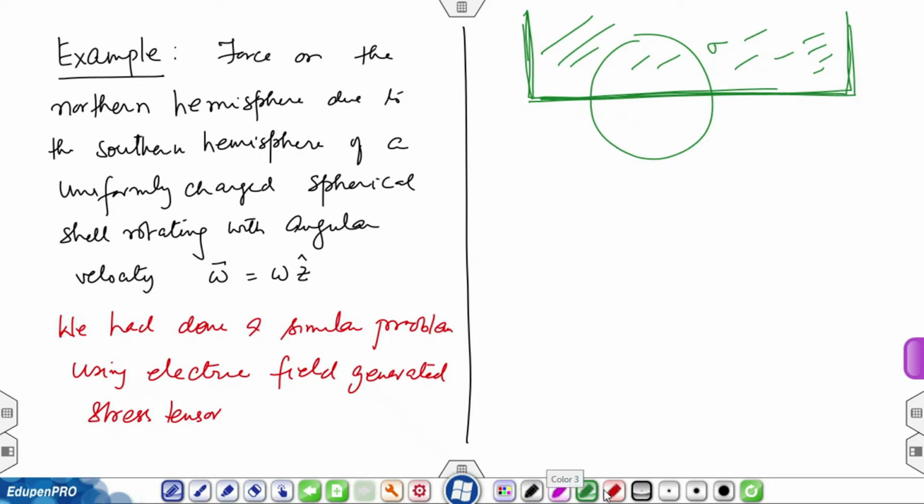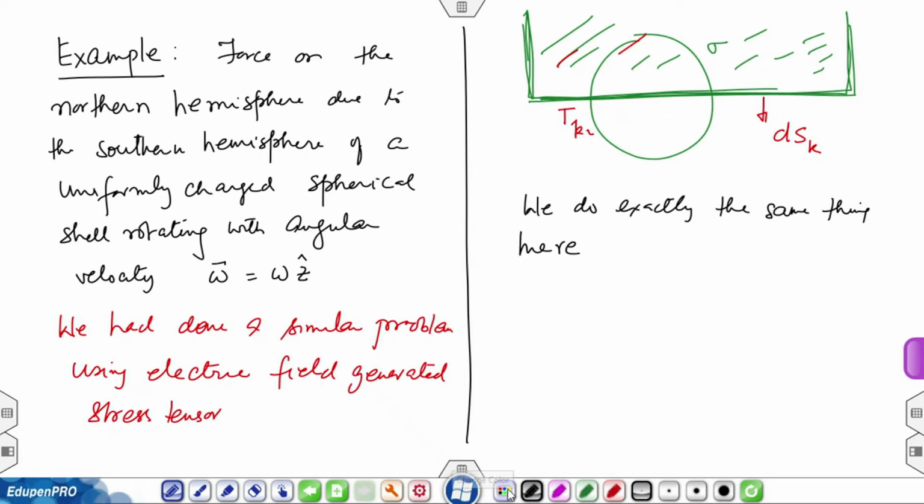That force was arising because of the stress out here, and this volume has area S_k, and we had just calculated that force using T_ki multiplied by dS_k and integrating it over this entire surface. So, we do exactly the same thing here.